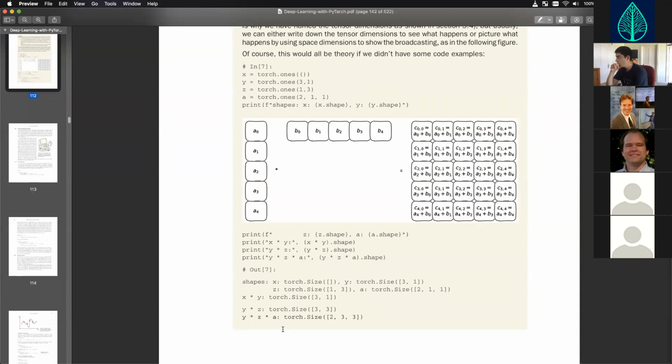So Ryan, I understood Anne's question. I don't know if you followed that. Yeah, thank you. So basically we're looking at the Y times Z, that ends up being a 3 by 3 because you're doing a 3 by 1 by a 1 by 3. Yes. And then I think what they're showing is there's some witchcraft going on with the A, where it goes, okay, a 3 by 3 can't be multiplied by a 2, so it's being assigned to the ones that it can actually be broadcast across.